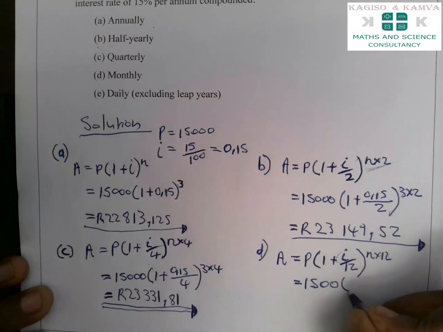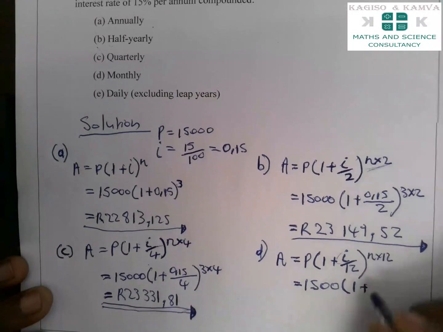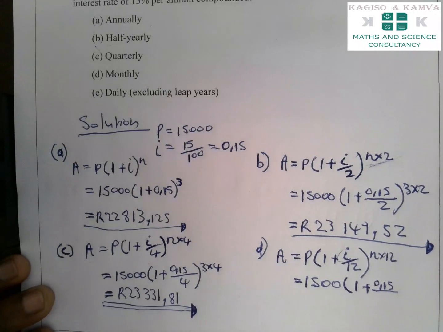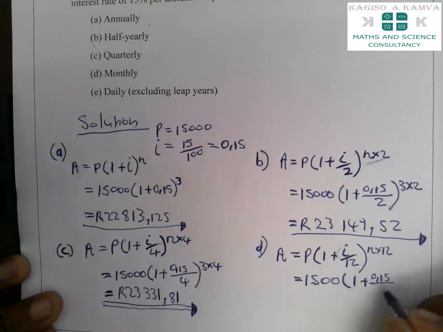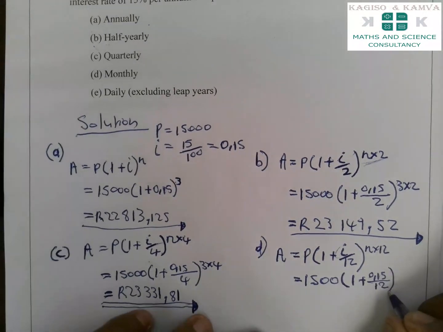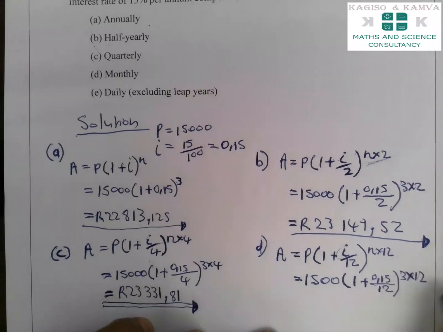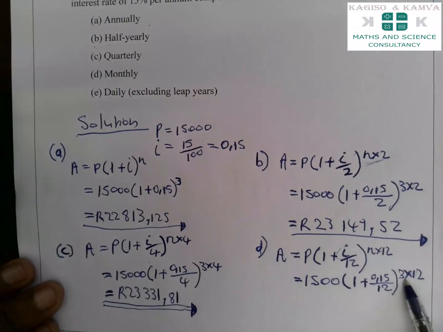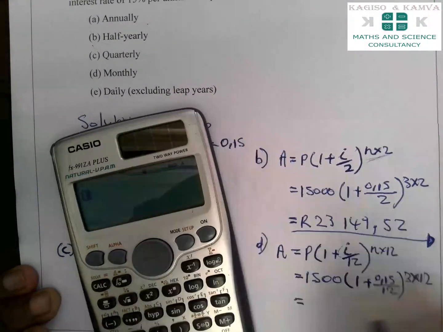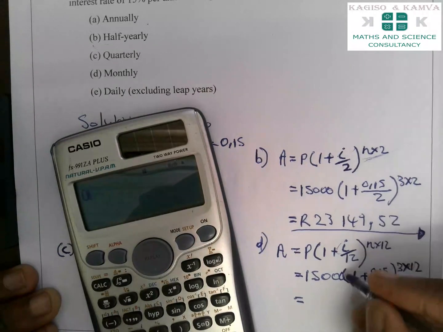So this is going to be 15,000 into (1 + 0.15 divided by 12) to the power 3 times 12, which gives us the number of months in 3 years.